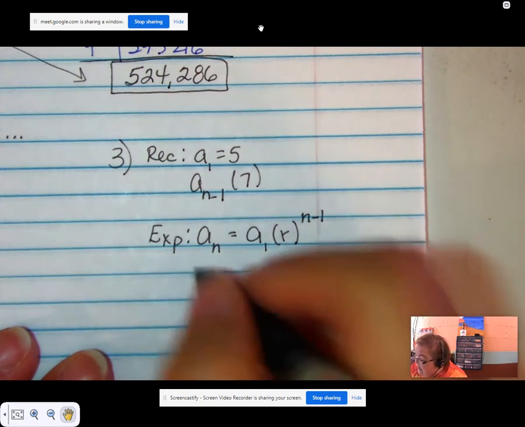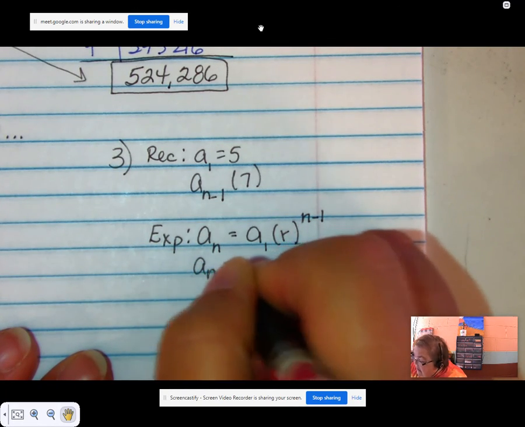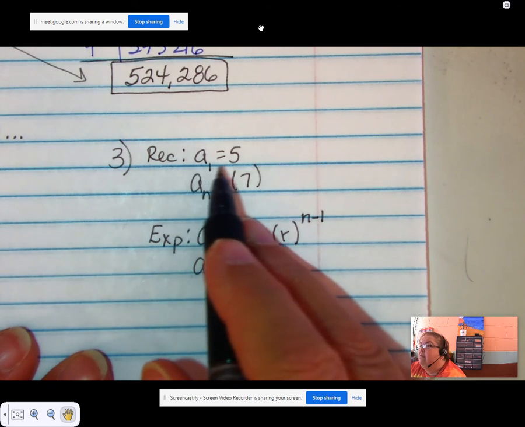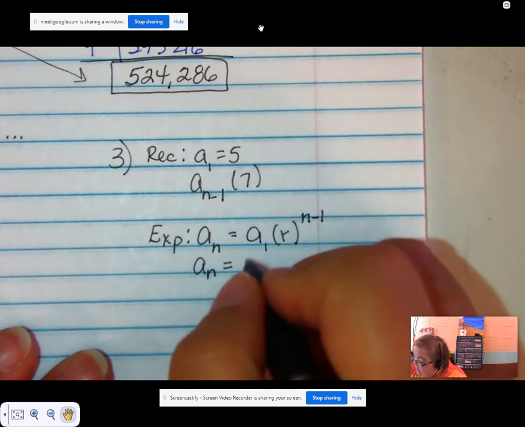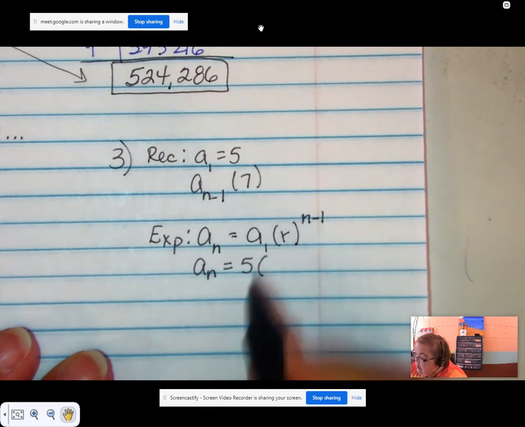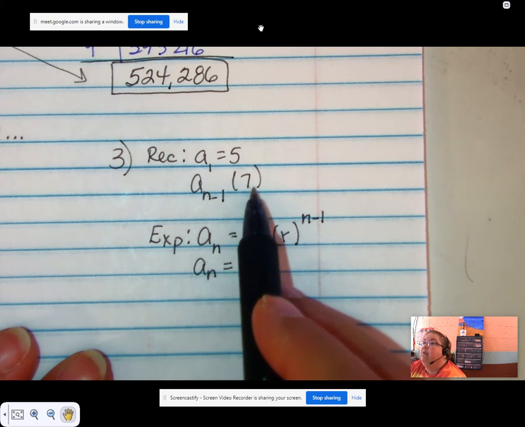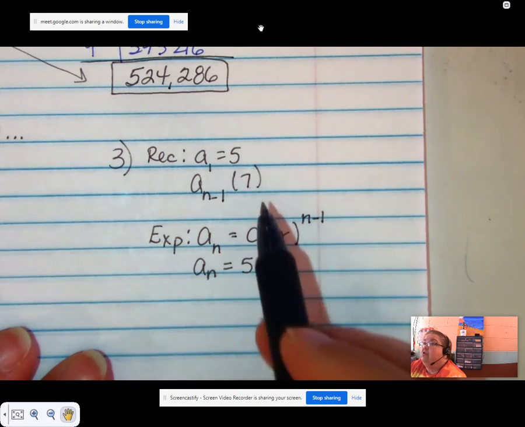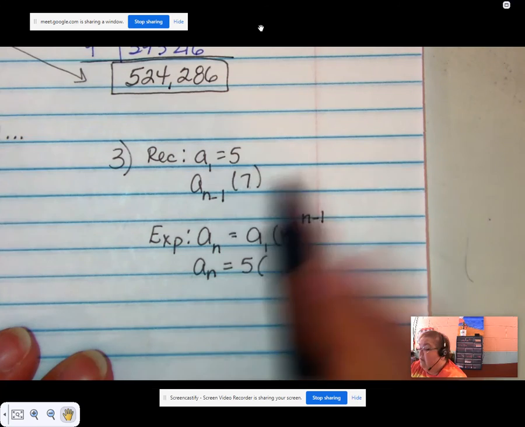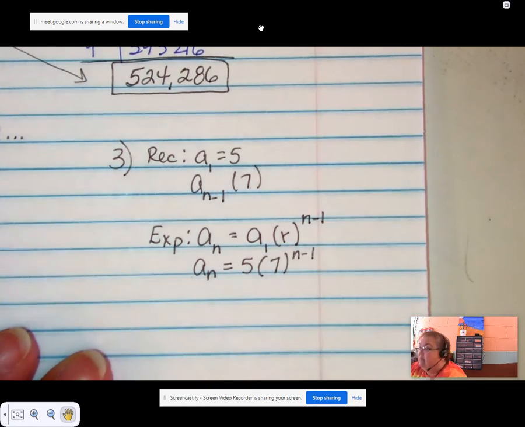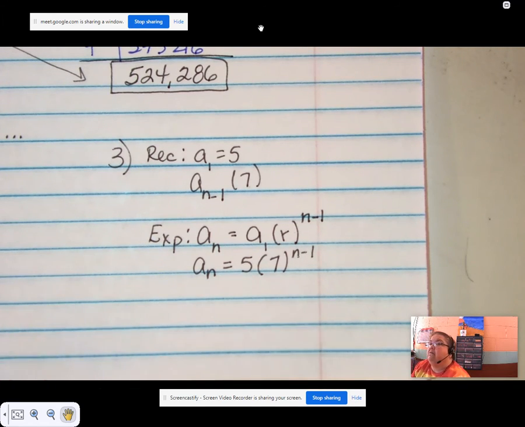So I wind up with A sub n equals, what is my A sub 1? 5 times the common ratio, which is, and if you don't even remember, it has to be the other number, right? Because you know that this is the A sub 1, so that's not, so it's got to be that, raised to the n minus 1. And that's how that fits in. Okay?